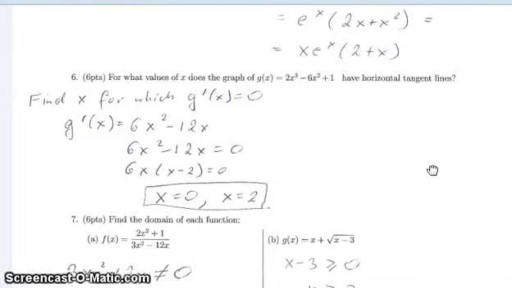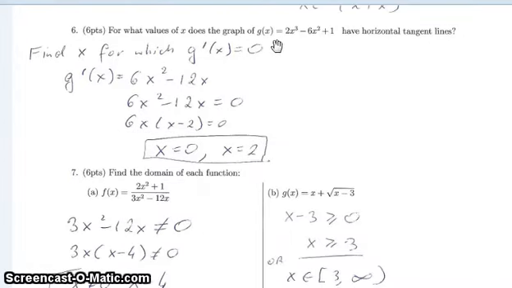Problem 6. For what values of x does the graph of g of x is equal to 2x cubed minus 6x squared plus 1 have horizontal tangent lines? So we have to find x for which g prime of x is equal to 0, because a horizontal tangent line has a slope equal to 0, and the slope of the tangent line is the derivative of our original function.